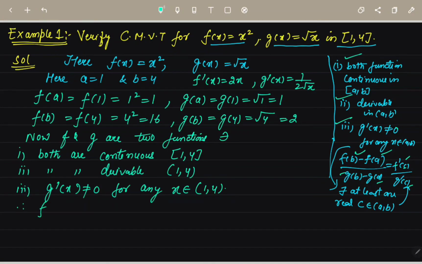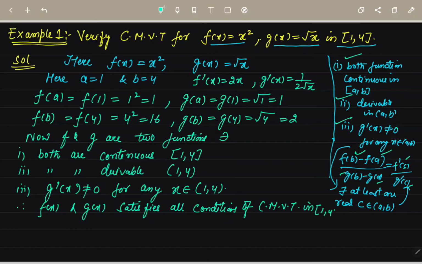So therefore f of x and g of x satisfy all the conditions of Cauchy mean value theorem in the closed interval 1, 4.